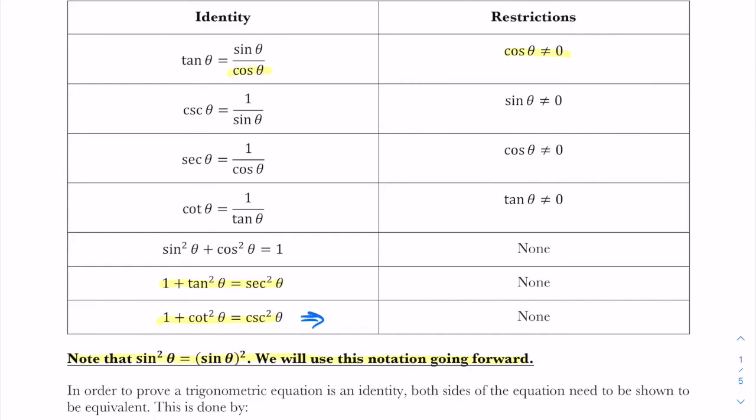So basically, I'm going to replace cosecant squared theta minus 1 with cotangent squared theta. Let's do that.